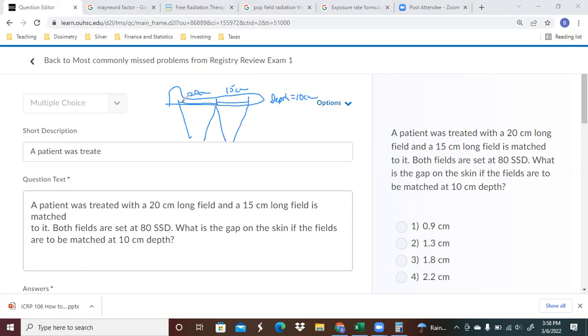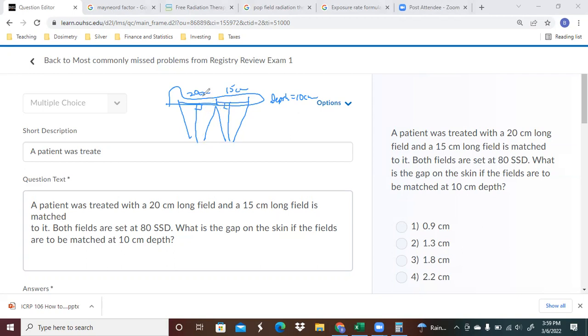Now, if they're going to be matching on the skin, or in other words, right out here, there's actually going to be a small little gap here. Question is, how do we get to that? Well, we're going to draw the central axis on both of these. So we got the central axis here, and we got the central axis here.